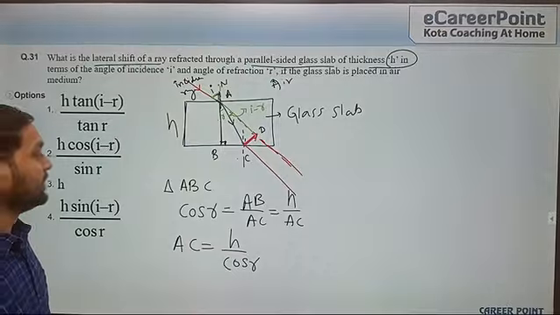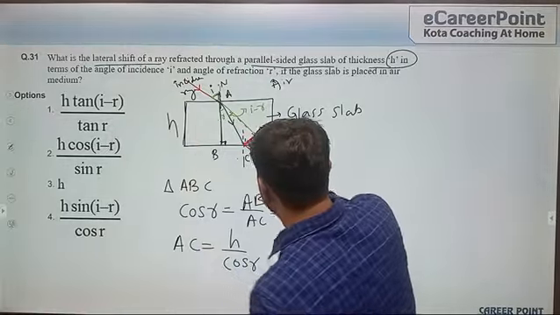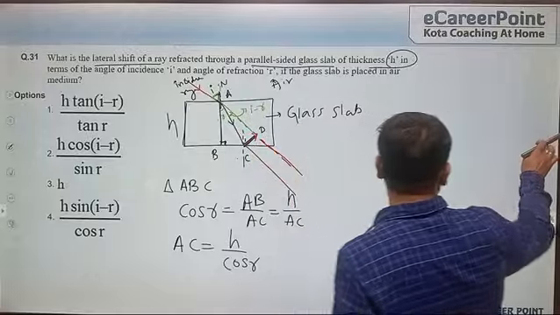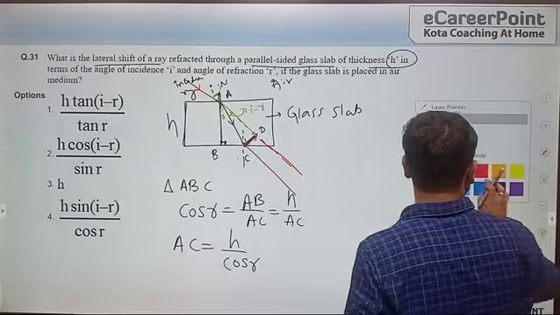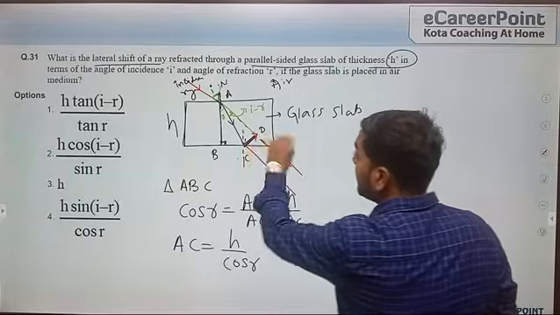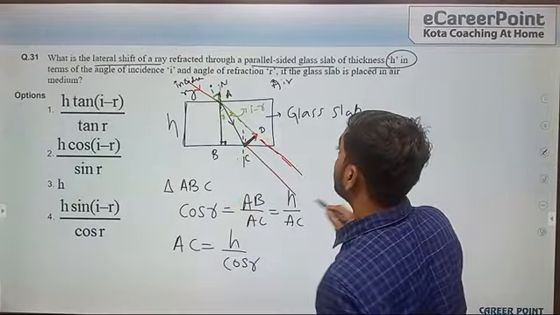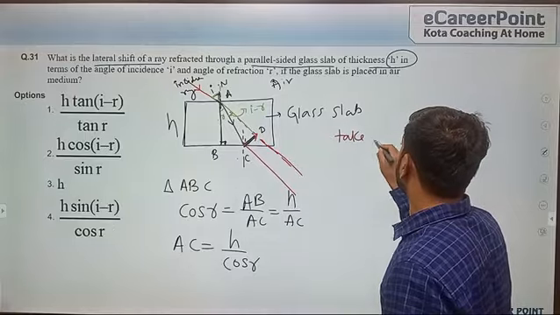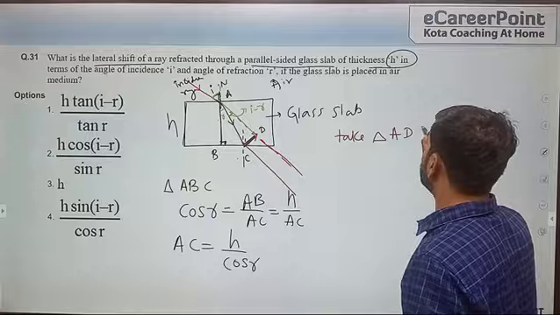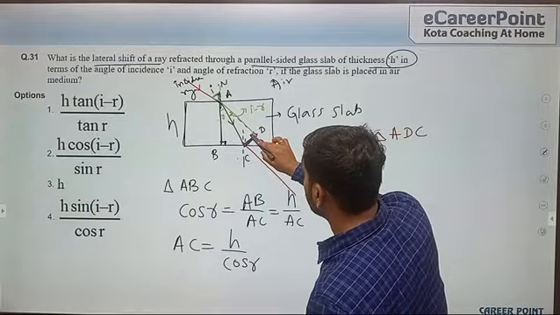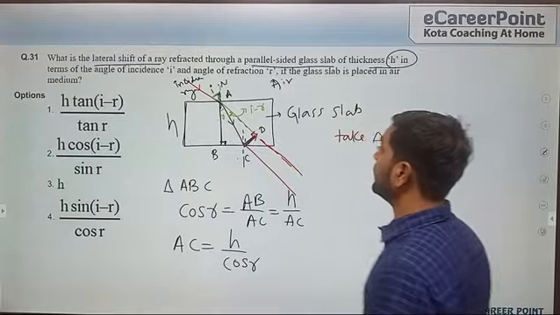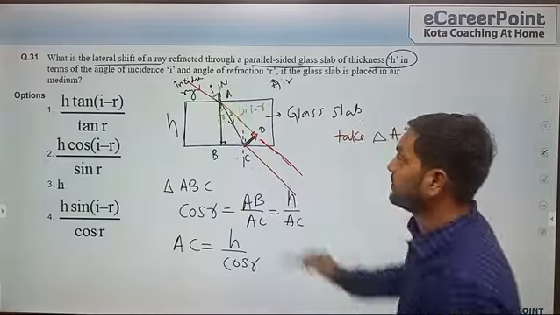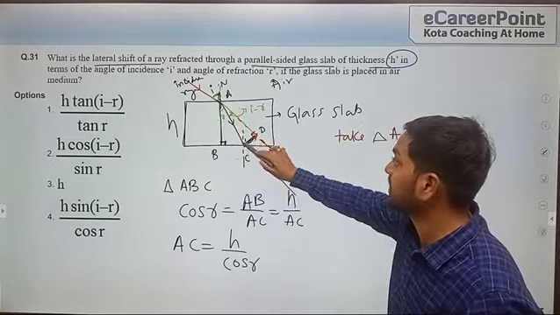But we want this, right? So how do we do that? By taking triangle ADC. At the point D we have the right angle. Now let us take sine of i minus r. We want this, for that reason we need to take sine.